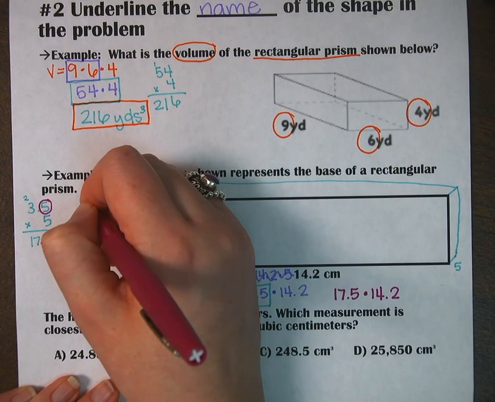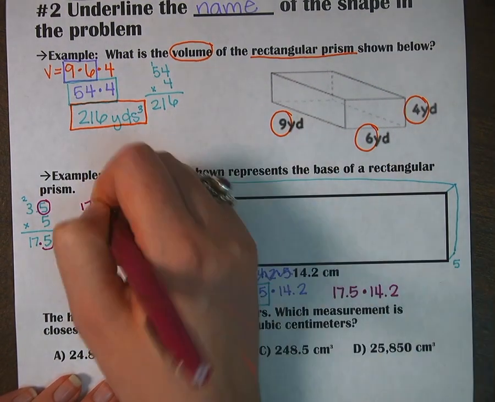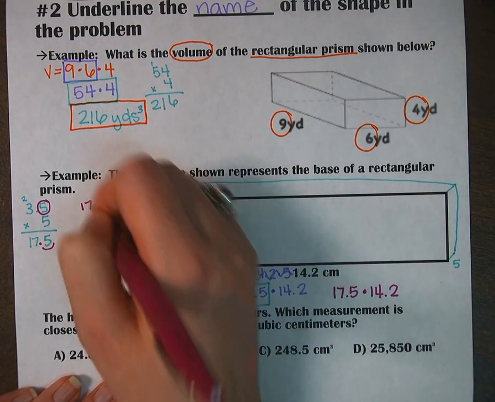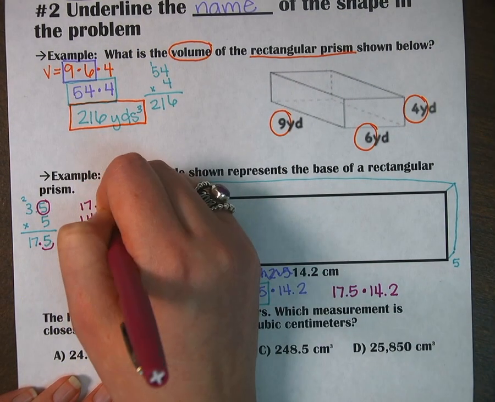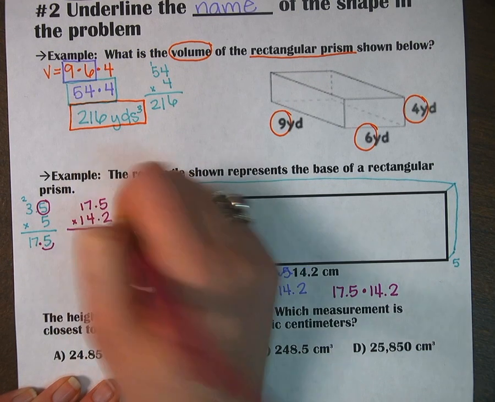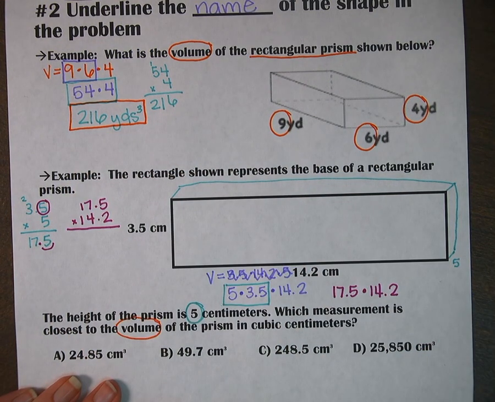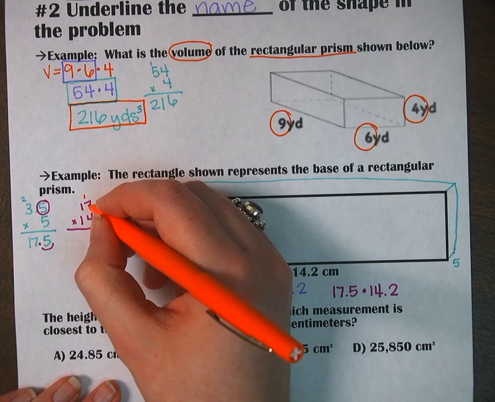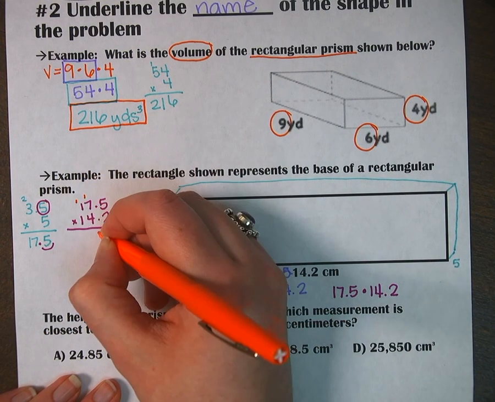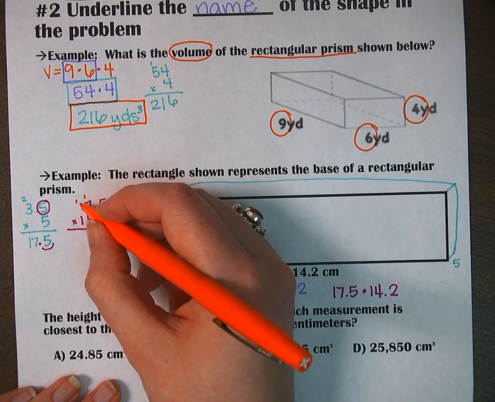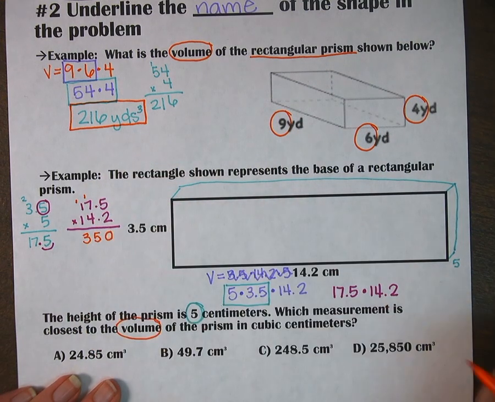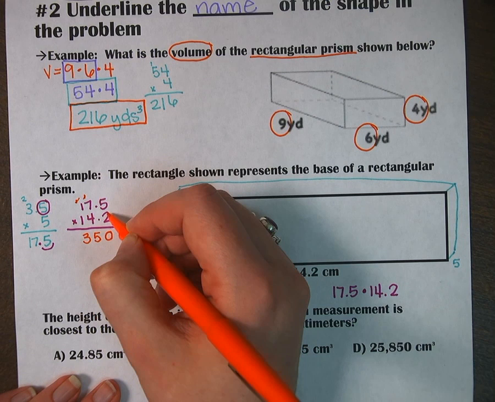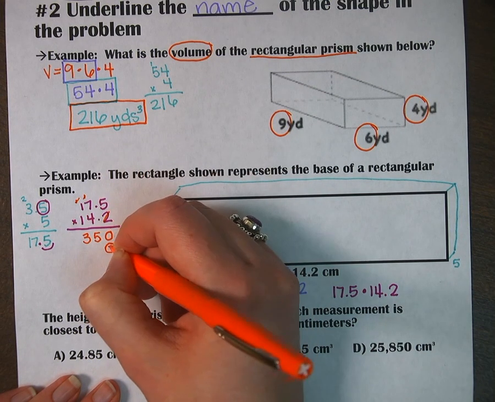So let's stack that up. I have 17.5 and then 14.2. Okay. And then we need to multiply that through. 2 times 5 is 10. 2 times 7 is 14, plus 1 is 15. 2 times 1 is 2, plus 1 is 3. Okay, I'm going to mark out my carries, my 2, and put my smiley face.